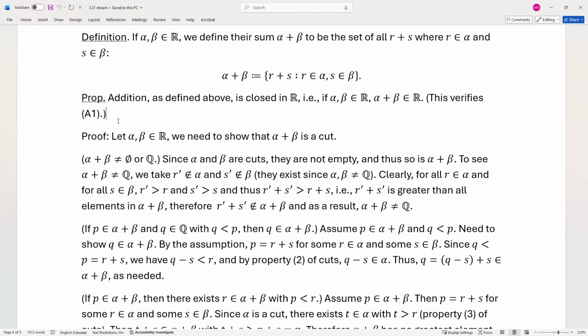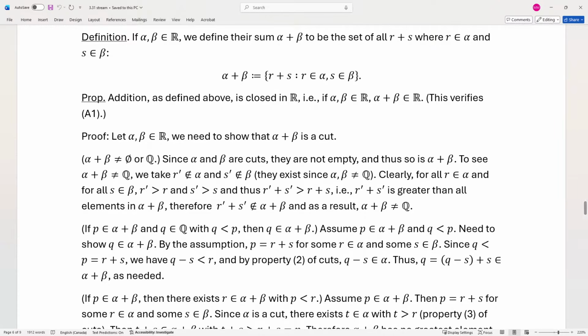We need the result of the arithmetic to be not empty and not the whole of Q. The second property basically says if a point is in the cut, then everything to its left is also in that cut. The third property says no cut has a maximum element. In our cuts, we only work with the left class, so that's why we discuss maximum only.